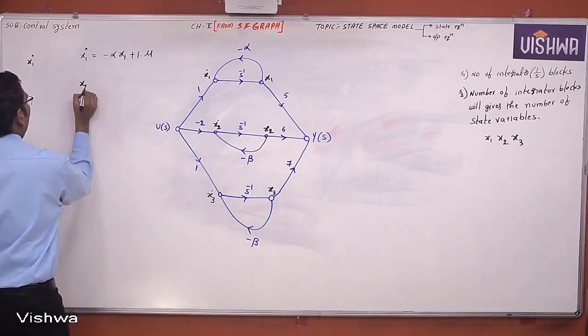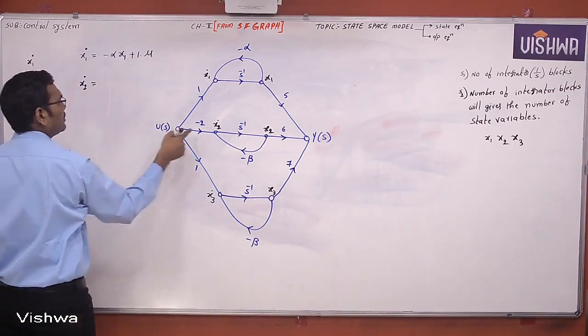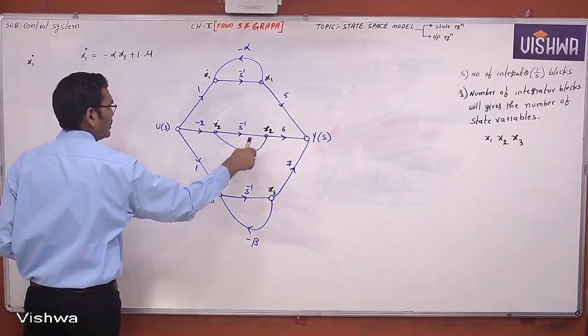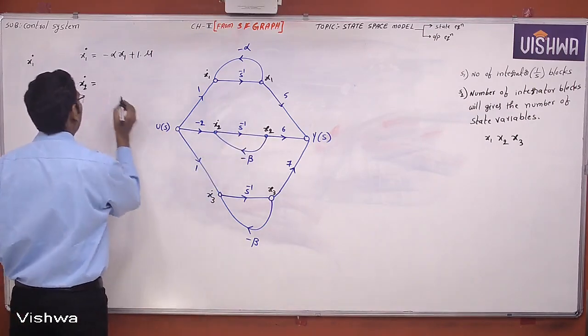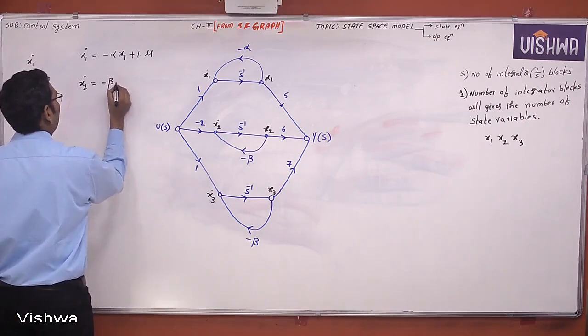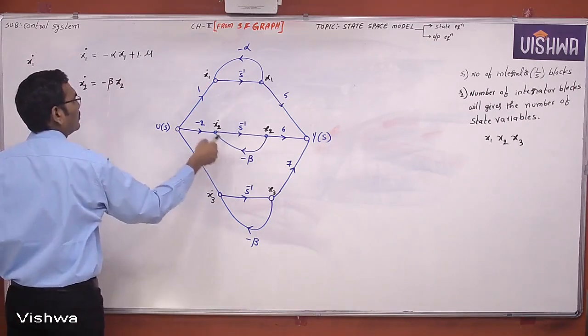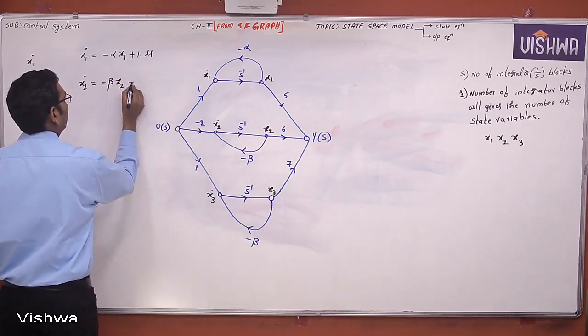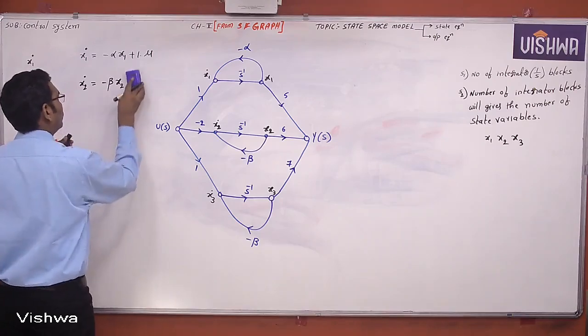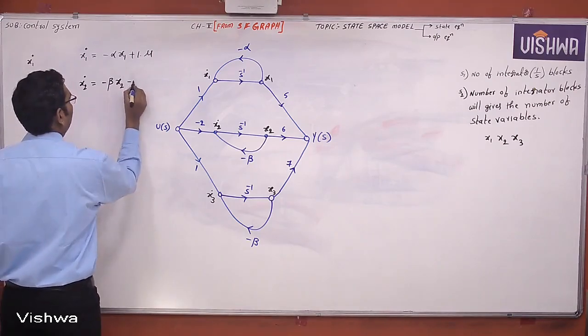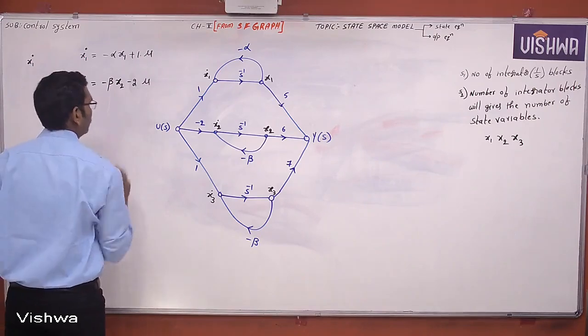Now what is x2 dot? Who is coming to x2 dot? x2 is coming with minus beta x2, and minus 2 into u.